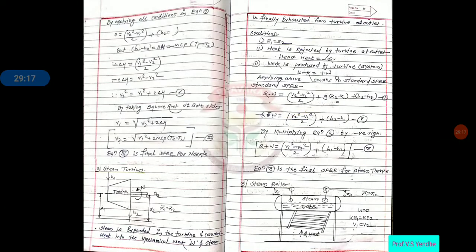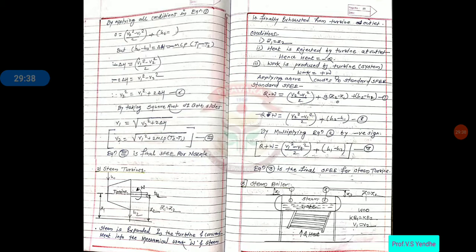So we will get delta H is equal to (V2 square minus V1 square) divided by 2. So the 2 goes to the other side, so that it comes minus 2 delta H is equal to V1 square minus V2 square.